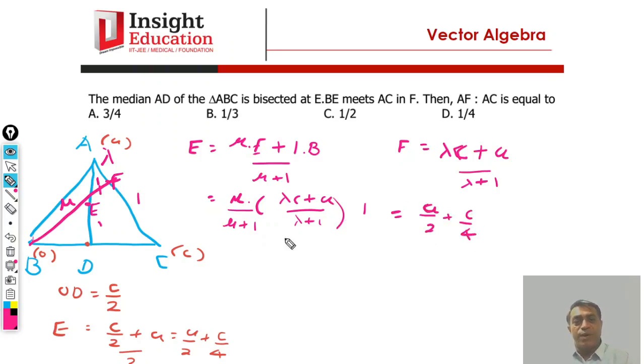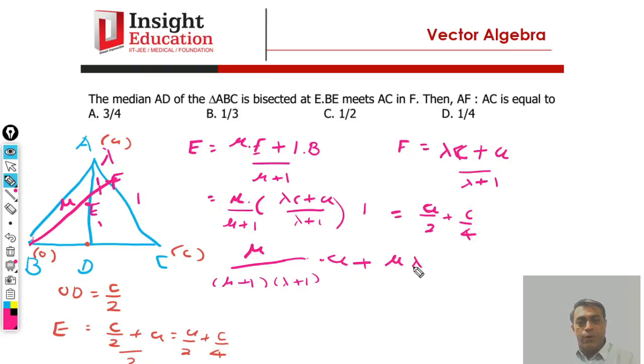Okay, so if I want to compare this, one portion is c and second portion is a. Now a upon lambda plus 1, so I can write here mu upon mu plus 1 lambda plus 1 into a, plus lambda into mu.